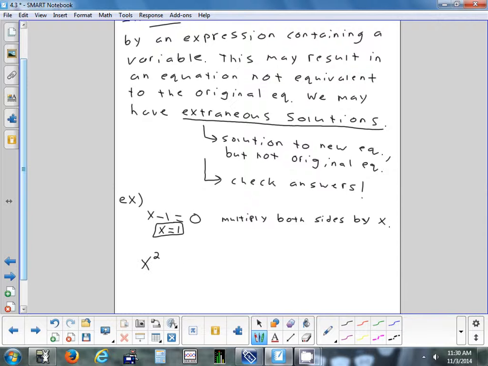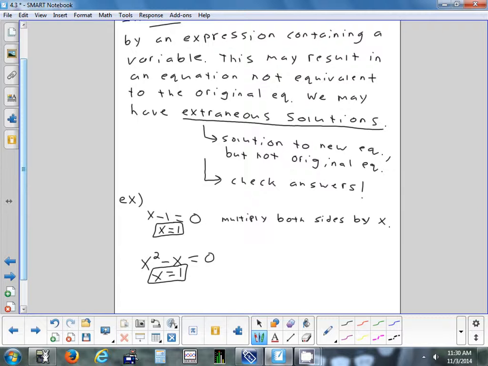If you multiply by x on the left, you get x squared minus x. And if you multiply by x on the right, you still have 0. 1 is still a solution to this problem. 1 squared is 1, take away 1 is 0. But does anybody see what other number you can plug in that's also a solution now?